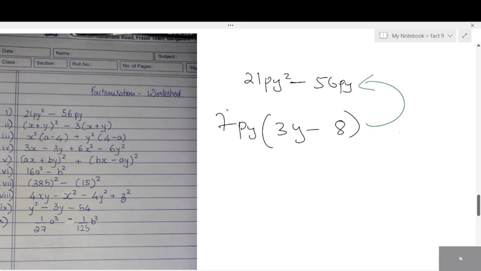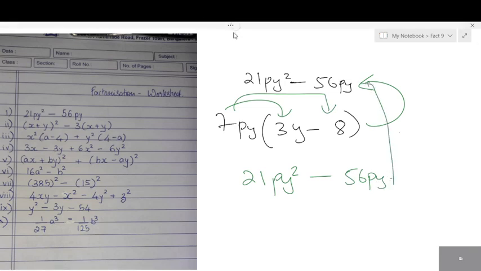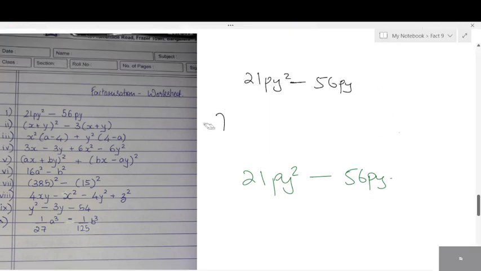Multiply this. 7 threes are 21, p into y is py square, minus 8 sevens are 56py. You're getting the question. So check once. If you're not sure, check. If you're getting a wrong answer, redo that.